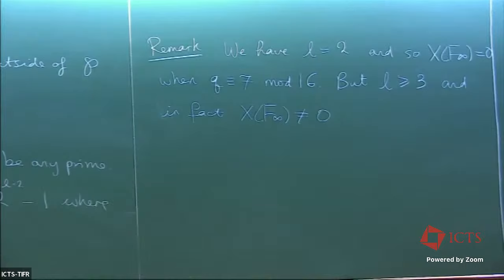That way you can compute this explicitly. This is where the 7 mod 16 comes from, because that's where the 2-adic valuation of Q plus 1 is exactly 3. So here I fixed the sign of the cube root of square root of minus Q so that this holds. I can talk to you about it later.